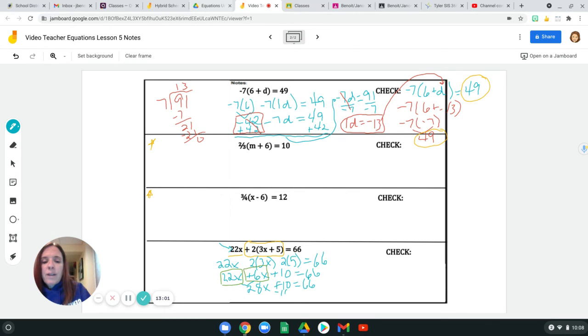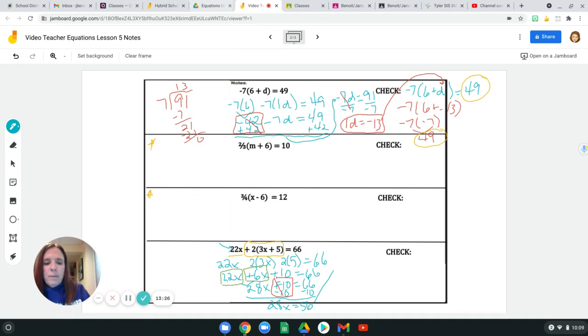So I'm going to negative 10 both sides. Check. I have a positive 10 and a negative 10. That does make 0. So I have 28x equals 66 minus 10, brings me down to 56.